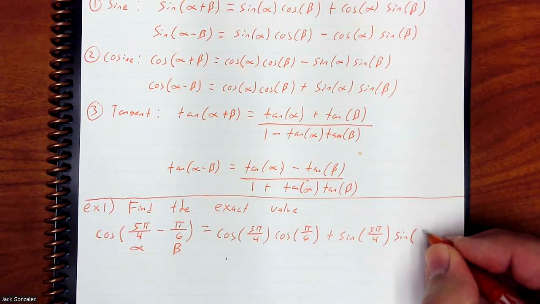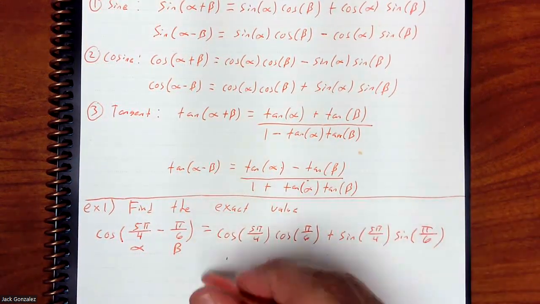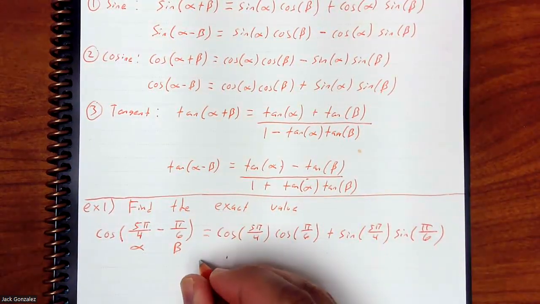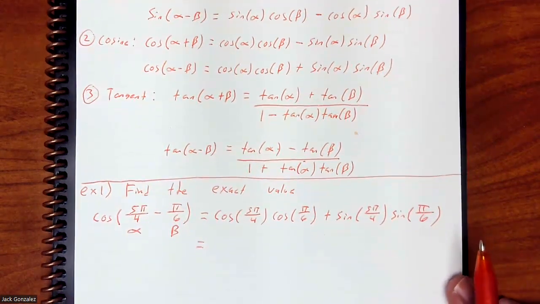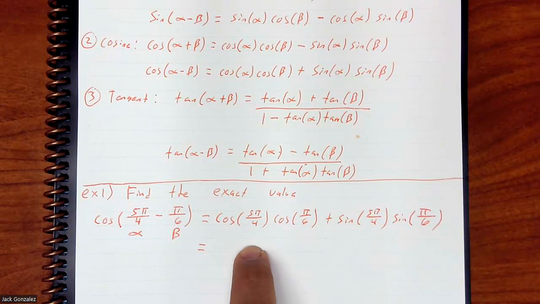So what is cosine of 5 pi over 4? On your circle, what is cosine of 5 pi fourths?